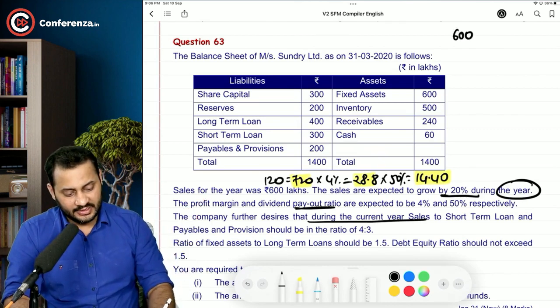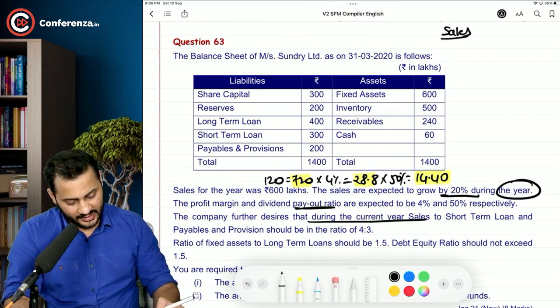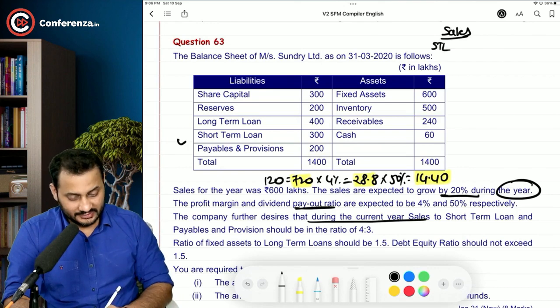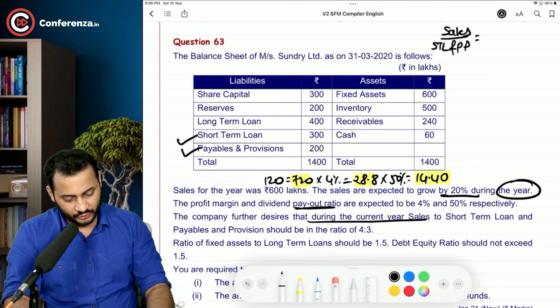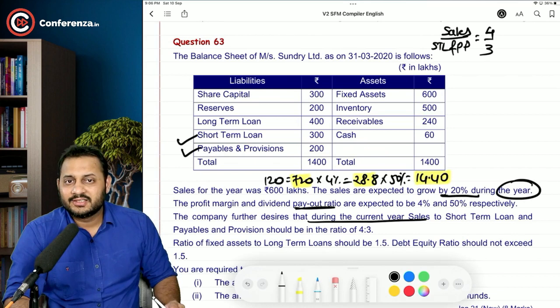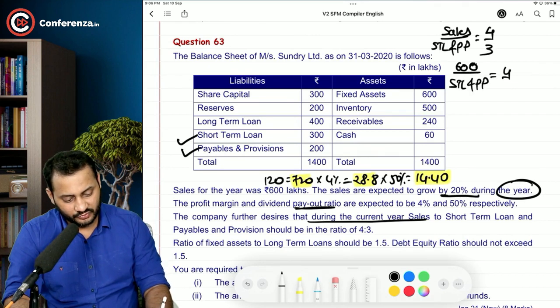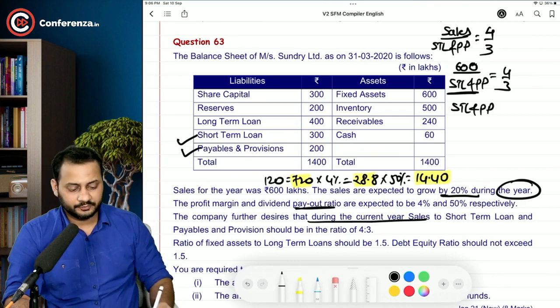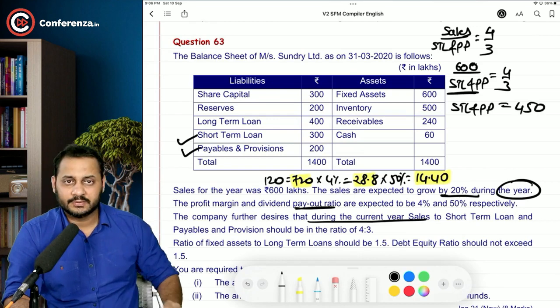So 600 lakhs, sales divided by short-term loan, that is this figure, and payables and provision, that is this figure, should be in the ratio of 4:3. Let's write down the sales figure. 600 divided by short-term loan and payables and provision is equal to 4/3. So what is the short-term loan and payables and provision? 600 into 3/4 comes to 450 lakhs.